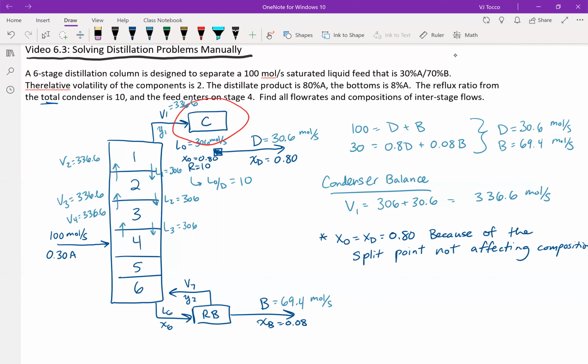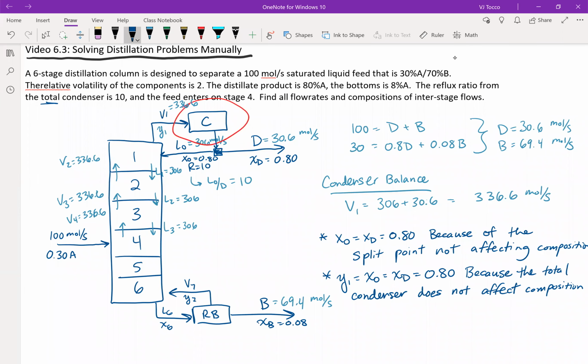But the composition Y1 is also going to be equal to X0 and XD. So Y1 is equal to X0 is equal to XD is equal to 0.80, because a total condenser does not affect composition either. All that's happening here is the condenser is taking it from a vapor to a liquid, so we're going all the way through the equilibrium region and the composition is unchanged.